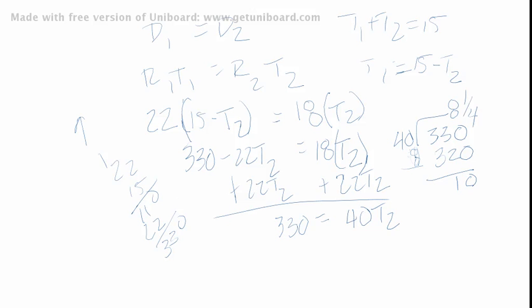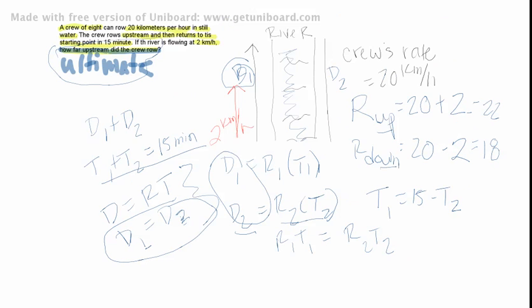So time 2 equals 8.25 minutes, and that 0.25 just comes from the fact that 1/4 as a decimal is 0.25. So then, going back to our original equation here, we can say that distance 1, which is what we were trying to find, is going to be equal to rate 1 times time 1.